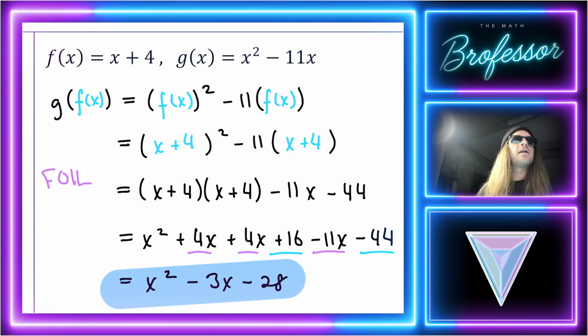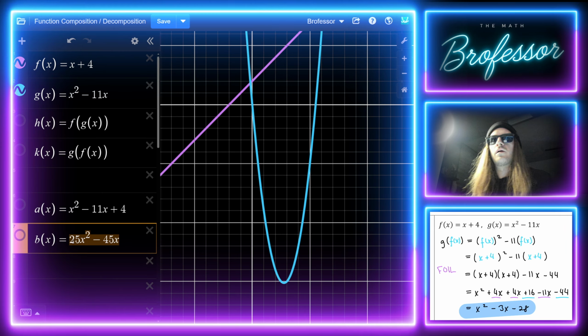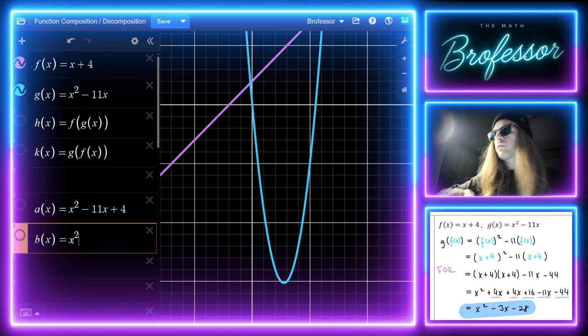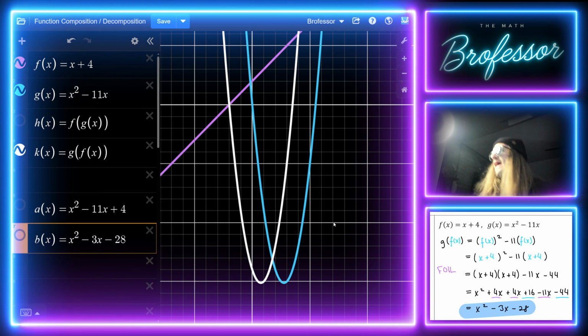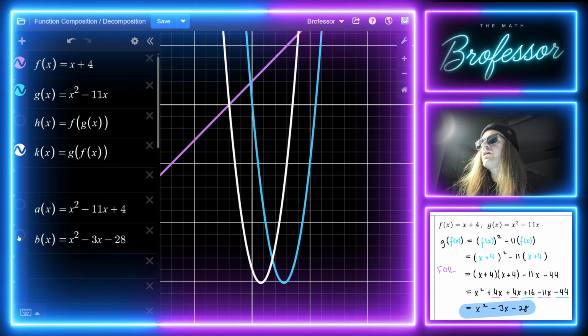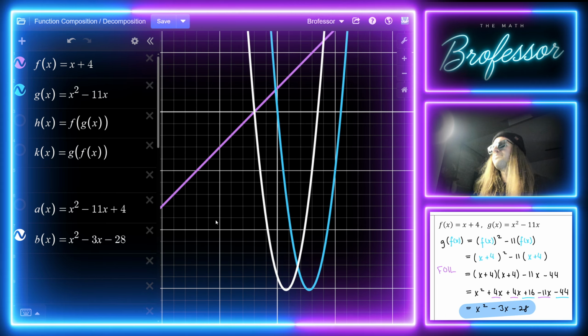So let's check that one. X squared minus 3x minus 28. All right, here is the accurate composition. Oh, look at that. All it is a horizontal shift. That's cool. And here's our answer, and we're good. They are the same. Look at that. That's awesome. Okay. Very good, very good.